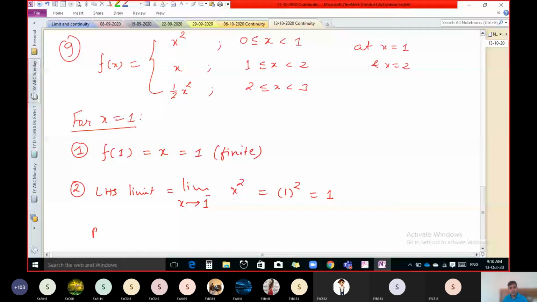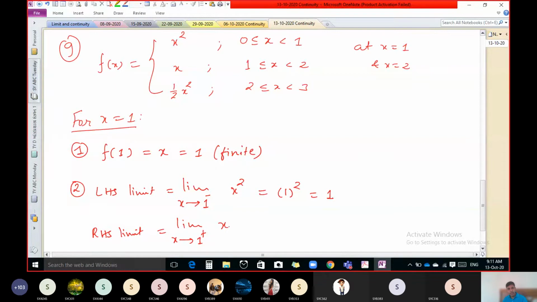Now right hand side limit. Limit x tends to 1 plus. 1 plus means 1.01, 1.001, like that. So which one is the correct function? Second one, because this second one is applicable when x is more than 1 but less than 2, and we know that if 1 plus is there, it should be nearer to 1, so it should be less than 2.